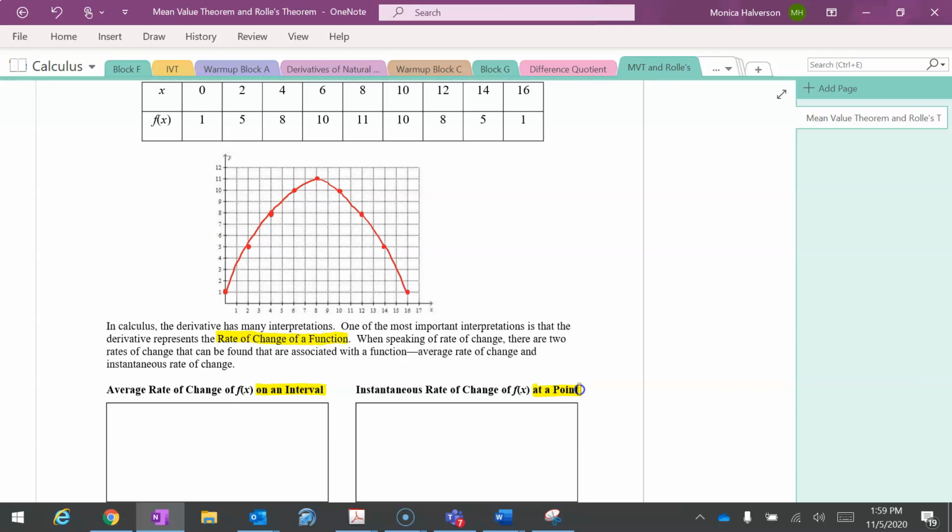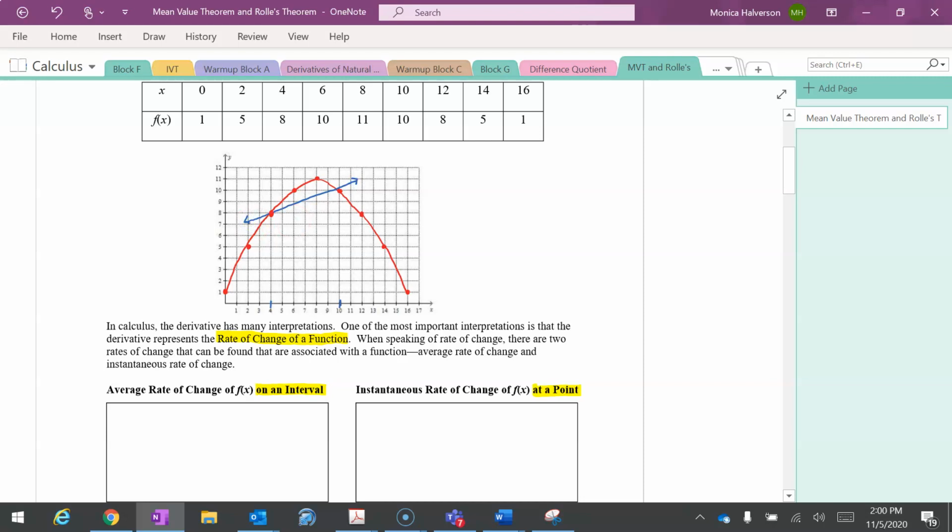Now if we're looking over an interval, let's say between the interval of 4 and 8. If we're looking over the interval of 4 and 8, and actually let's do 4 and 10 to make this clearer. If we're looking for the average rate of change within that interval, we would draw a line like this to recognize the average rate of change.